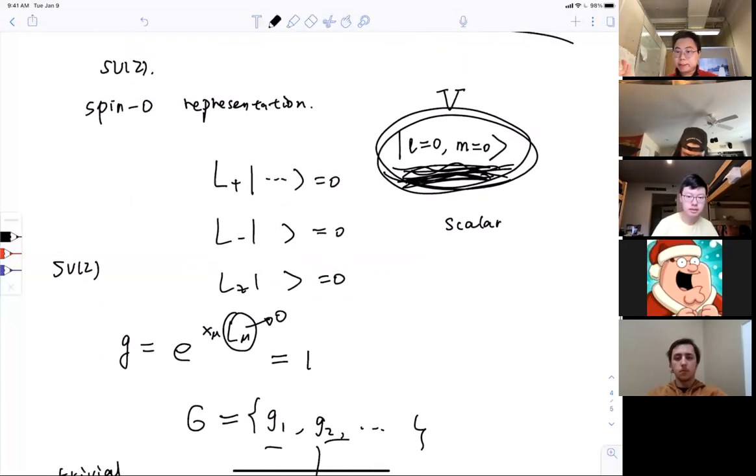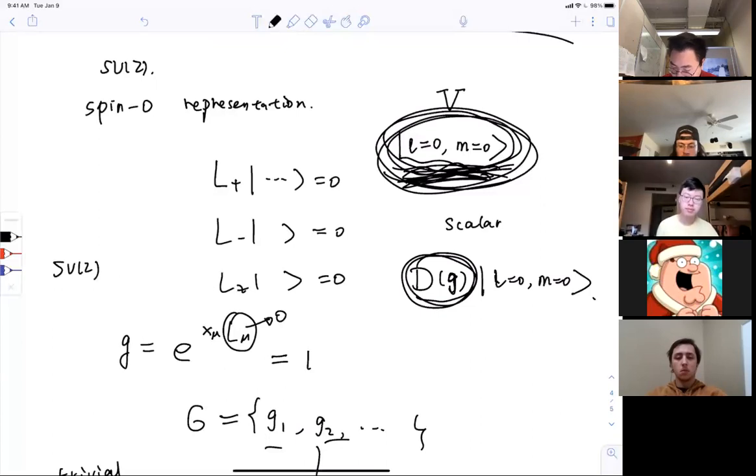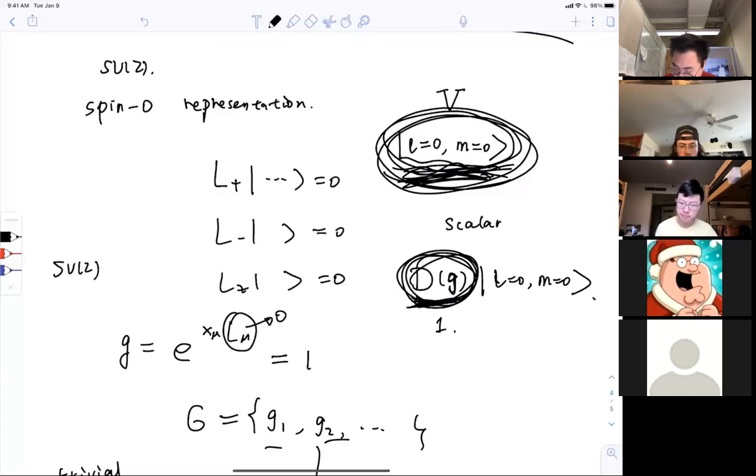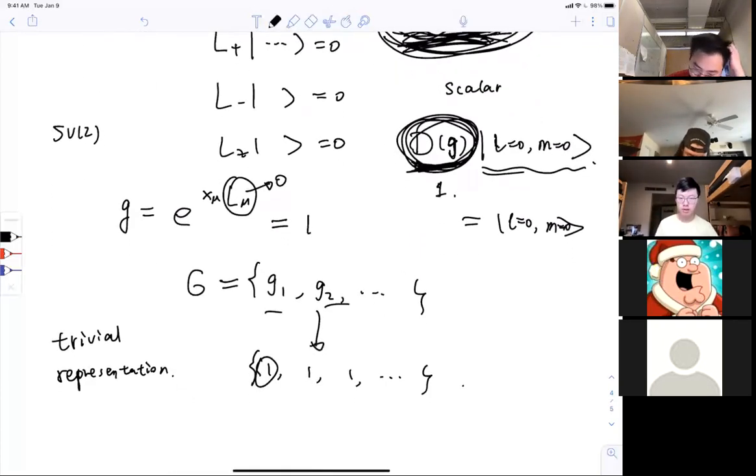So when we rotate the system, the vector in this space will rotate like this, and this is the representation of the group element G acting in this space. And we know this is 1. So 1 times the ket is also this ket. So it will not change under this rotation. So it's a scalar.